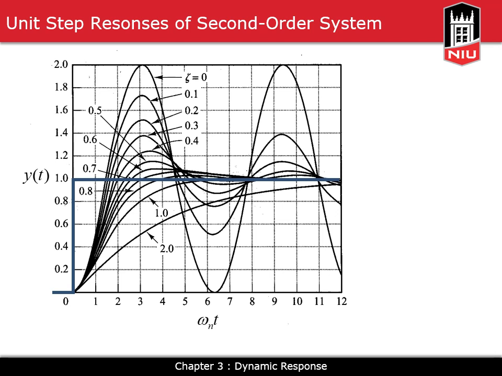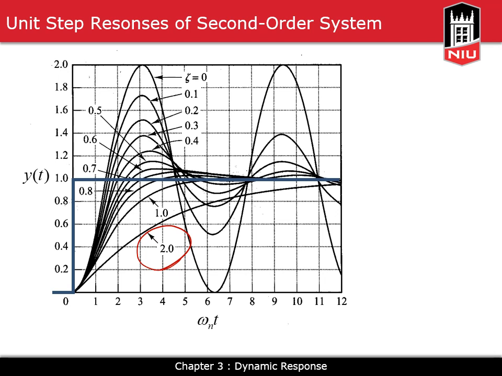For example, if the transfer function has a zeta equal to 2, we have that bottom line as the response, which is a pure exponential that rises up to the final value with no oscillations. It is obviously stable. In other words, it does not have any overshoots.